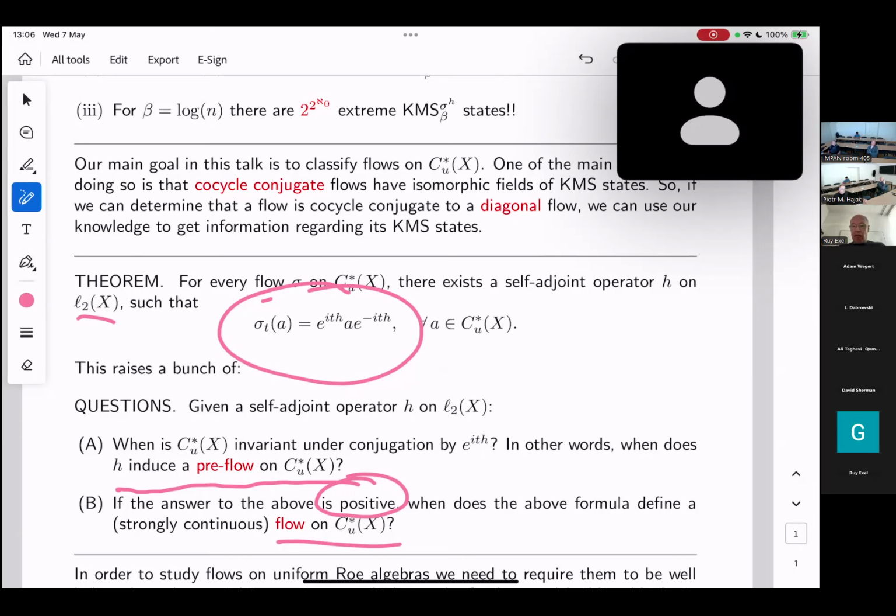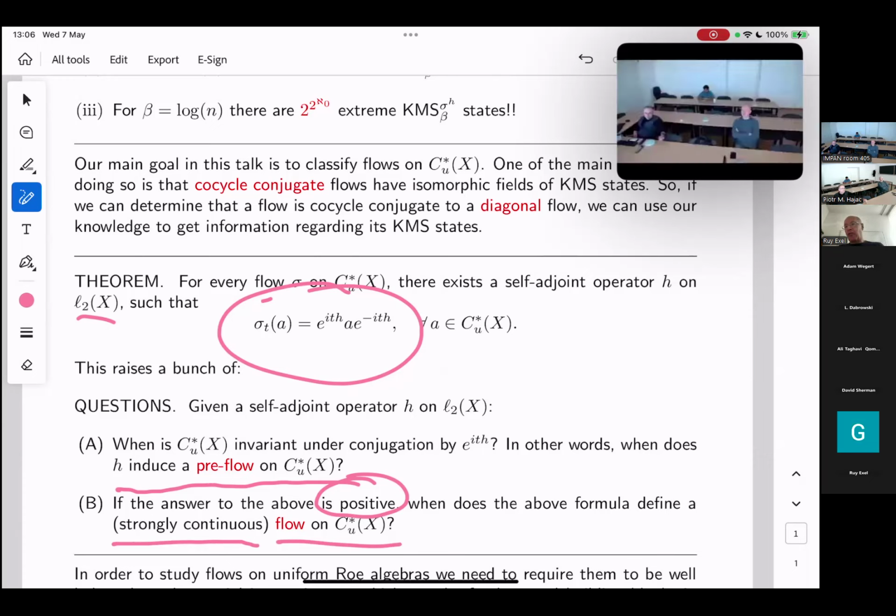I wrote here in parentheses strongly continuous. This is, of course, redundant because flows are strongly continuous. But the question is that once this formula defines a preflow, when is this preflow strongly continuous? So those are the two questions that we have been working with, and we have partial solutions to, and that's the main content of this talk.